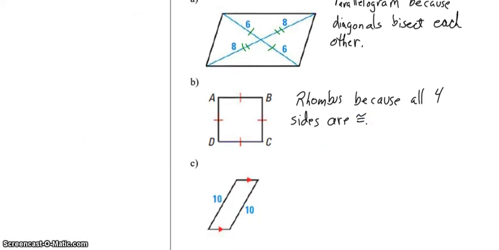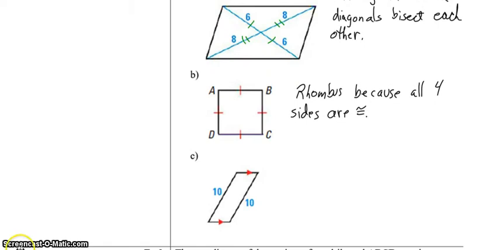Okay, how about C here? Let's see, we do have a pair of sides congruent. We do have a pair of sides parallel. Oh wait, we had that one property in parallelograms.